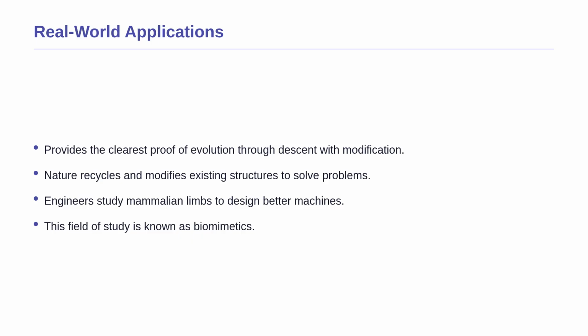Instead, it brilliantly recycles and modifies existing ones. In the real world, engineers and roboticists study these mammalian limbs to design better machines, a field known as biomimetics. For example, studying the elongated, lightweight bones of a batwing helps engineers design more agile and efficient flying drones.